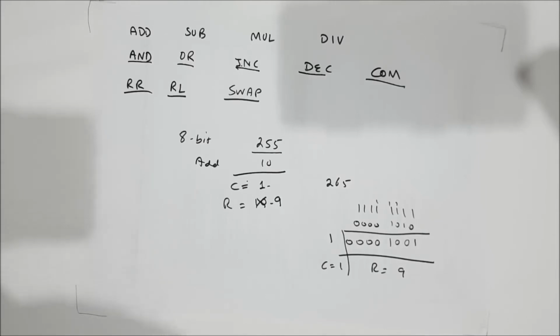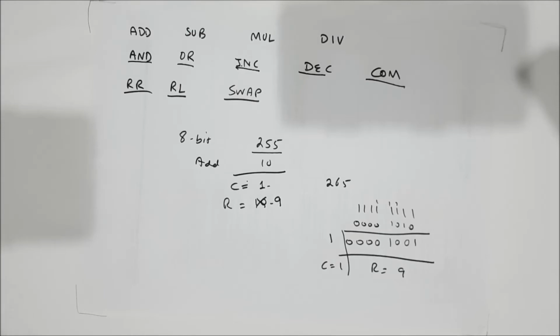And in case of division, the size of the result will not exceed the size of the operands, but there may be a quotient and a remainder. So in case of arithmetic operations, we have to keep in mind certain flags and certain limitations.